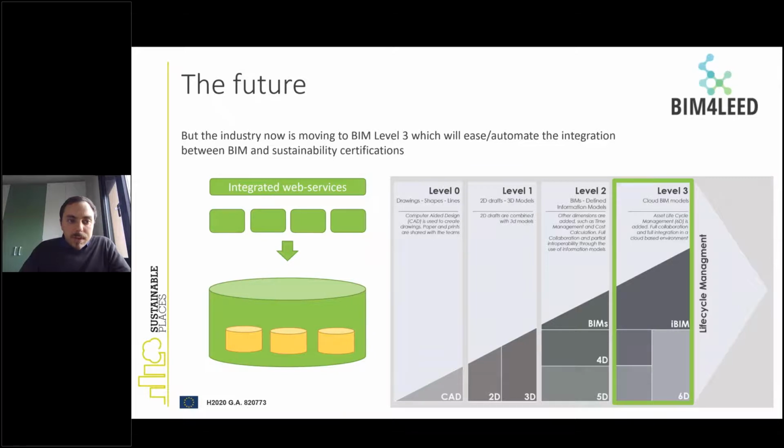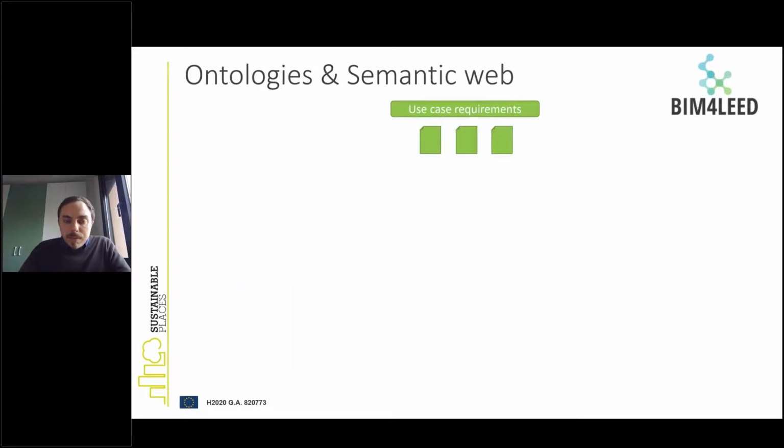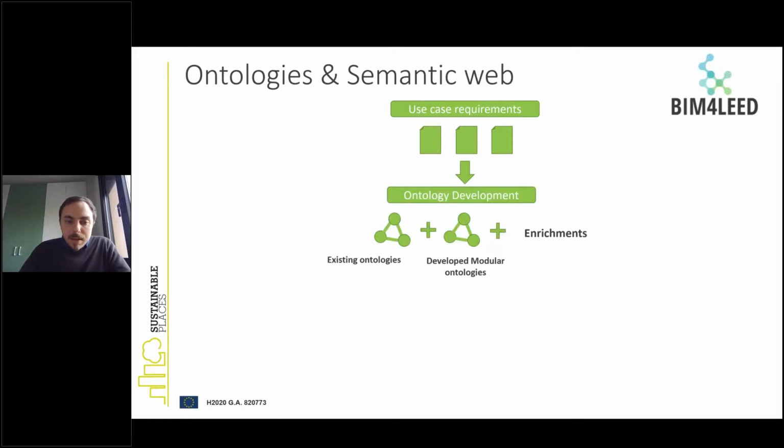So the industry now is moving to BIM level 3, which helps automate the integration between BIM and sustainability certification. For this, if we think to BIM level 3, we can use the use case requirements and develop an ontology.